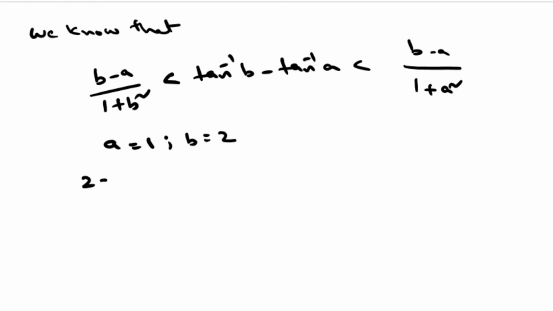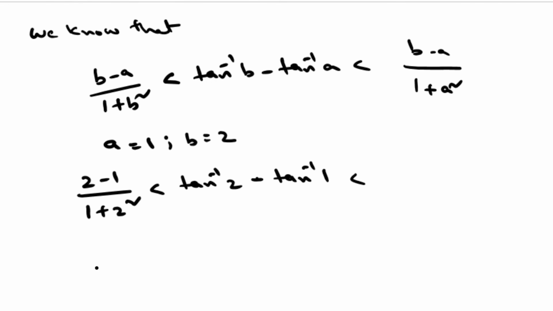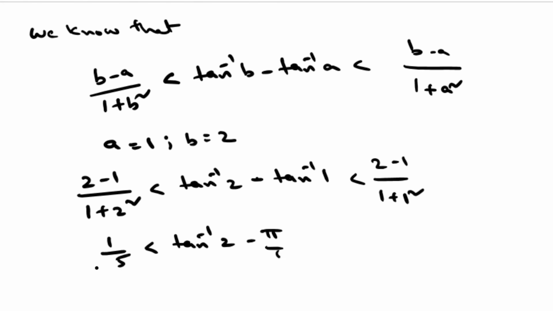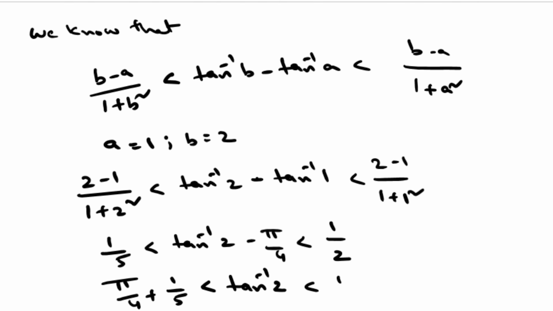Then 2 minus 1 by 1 plus 2 square less than tan inverse of 2 minus tan inverse of 1 less than 2 minus 1 by 1 plus 1 square, which is 1 by 5 less than tan inverse of 2 minus tan inverse of 1, which is pi by 4, is less than 1 by 2. Adding pi by 4 on both sides, pi by 4 plus 1 by 5 is less than tan inverse of 2, is less than pi by 4 plus 1 by 2.